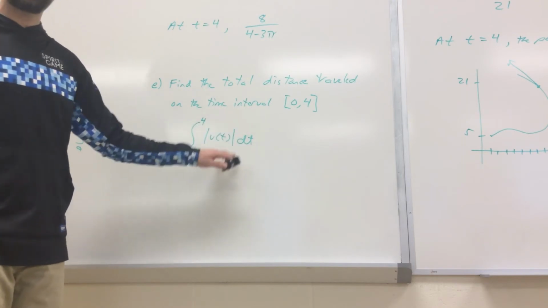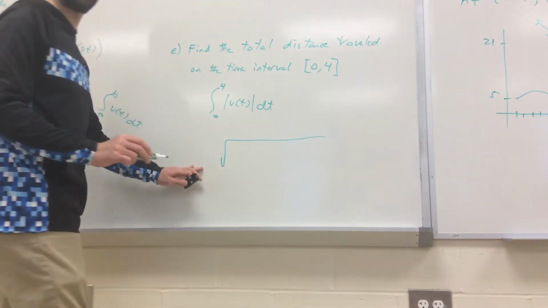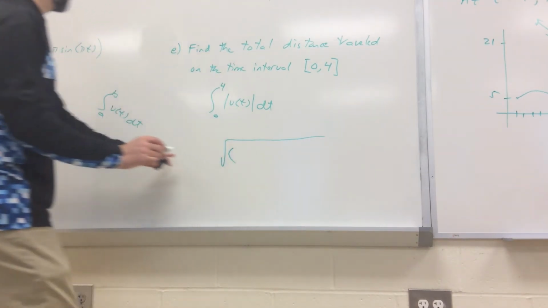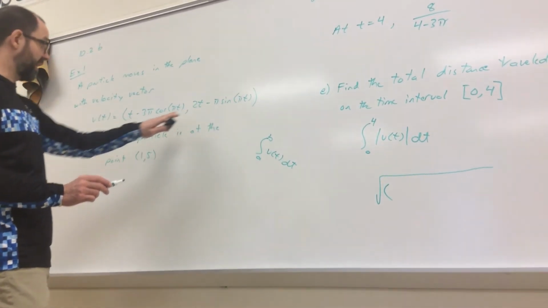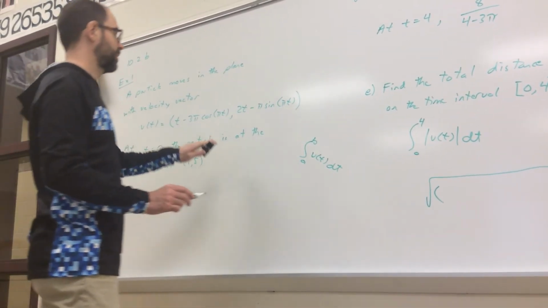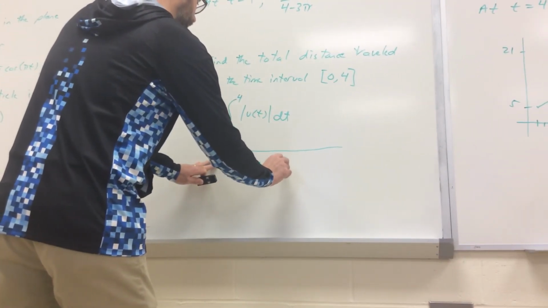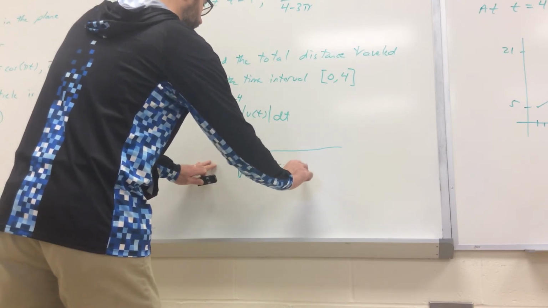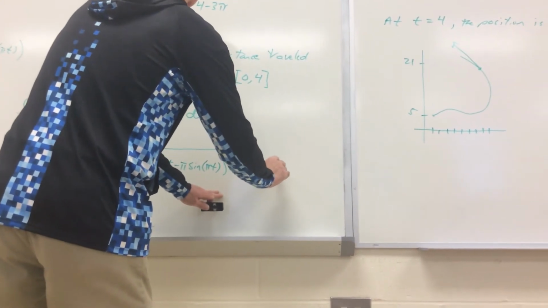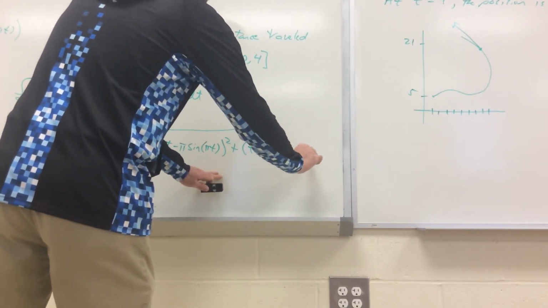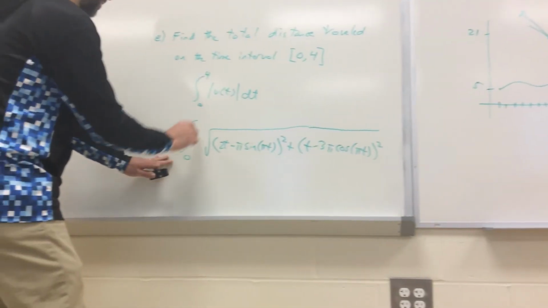When we take the magnitude of the velocity, isn't that the Pythagorean theorem? That squared plus that squared. And I've got to integrate that from 0 to 4.